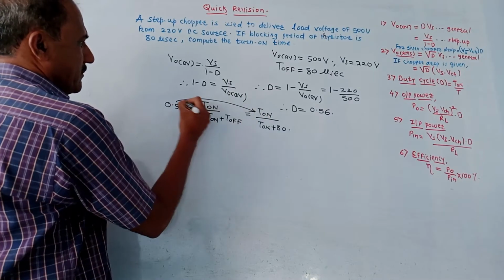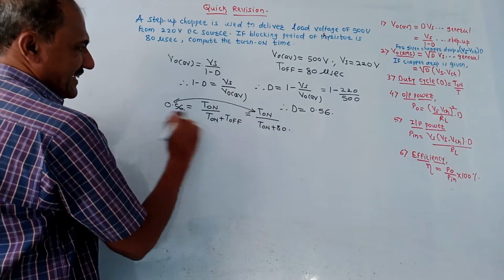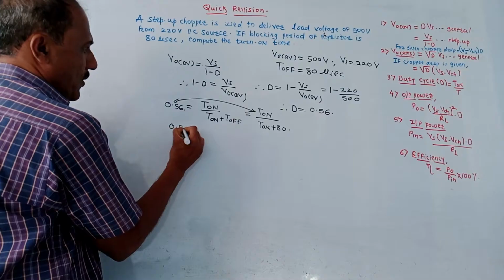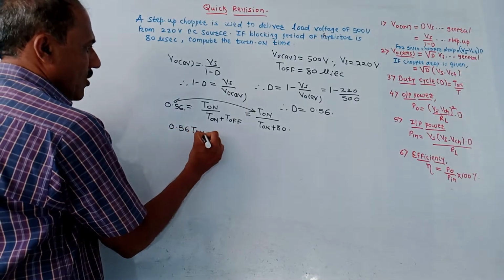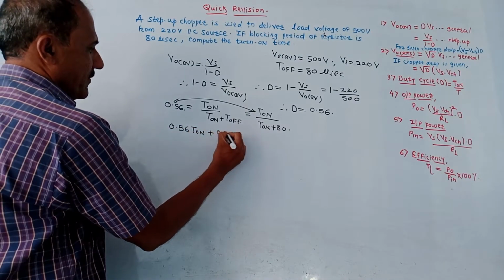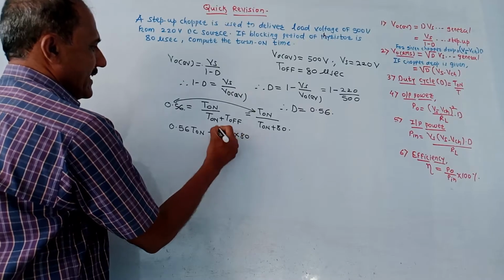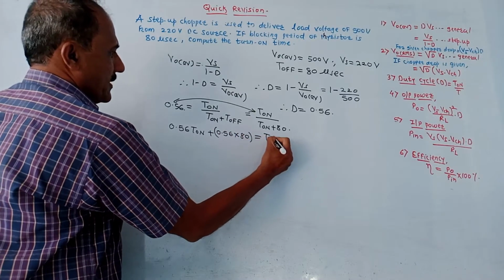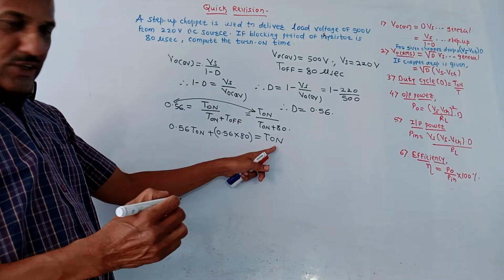Now consider the first term and these two terms, take the cross multiplication. So 0.56 T on plus 0.56 into 80 is equal to T on. This is 1 T on as such.